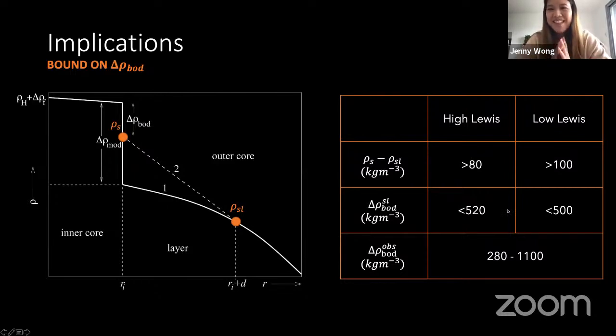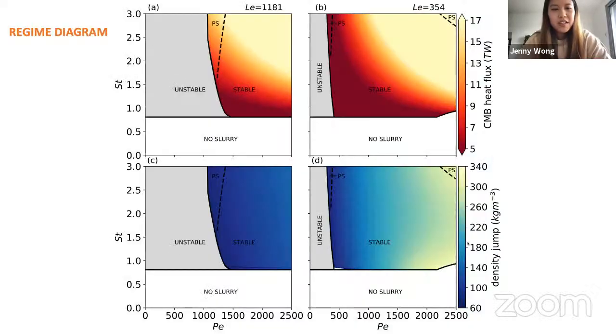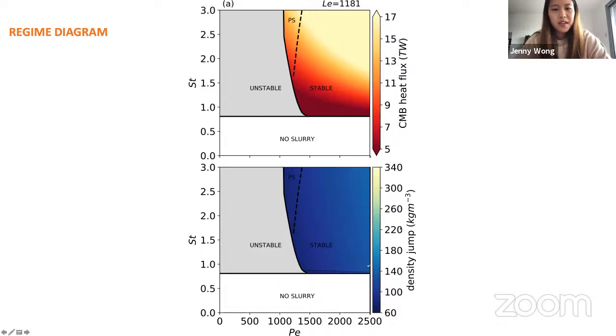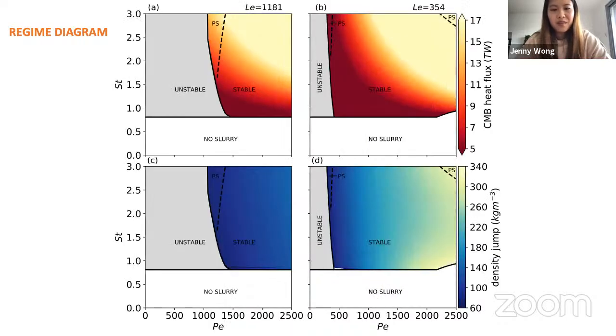I can't say this is the parameter set that matches completely with the seismology. You can see in the regime diagram, indeed, that there is a big change in what kind of density jumps you achieve through changing the Lewis number, aka the thermal conductivity.